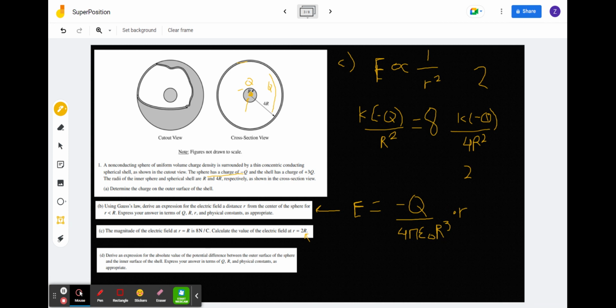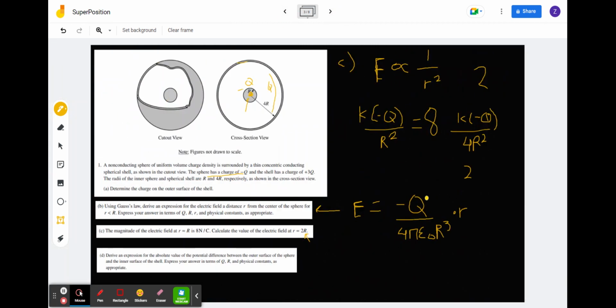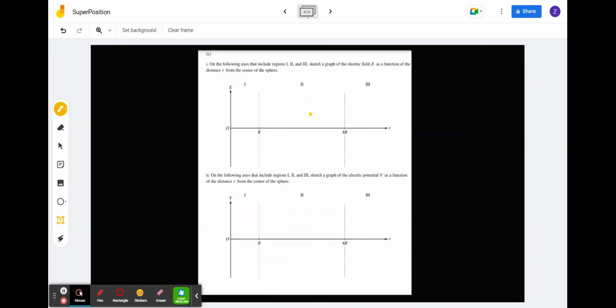So what we need to do is just graph this. So it's proportional to r, because this is all a constant. It's proportional to r and it's negative, meaning it should linearly decrease as the distance increases. So at r equals 0, we get 0, and this gets smaller as a linear function.